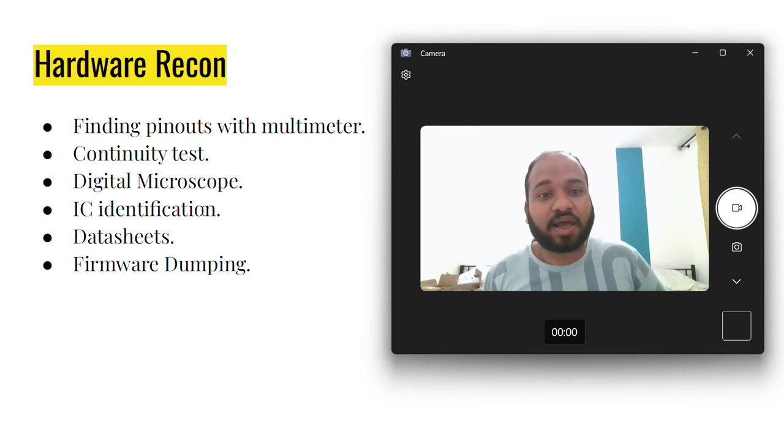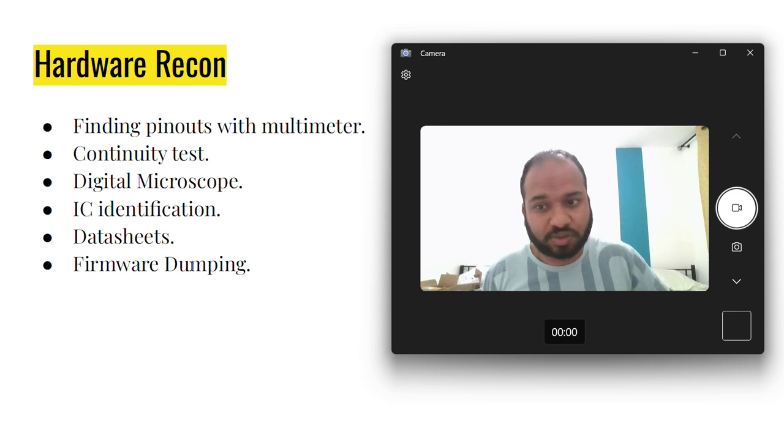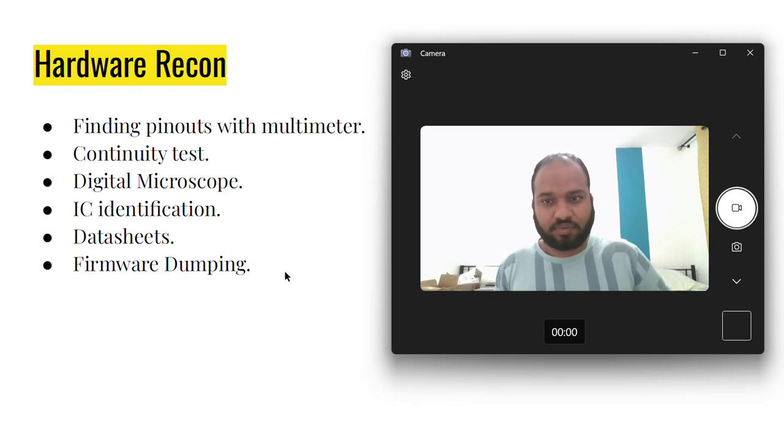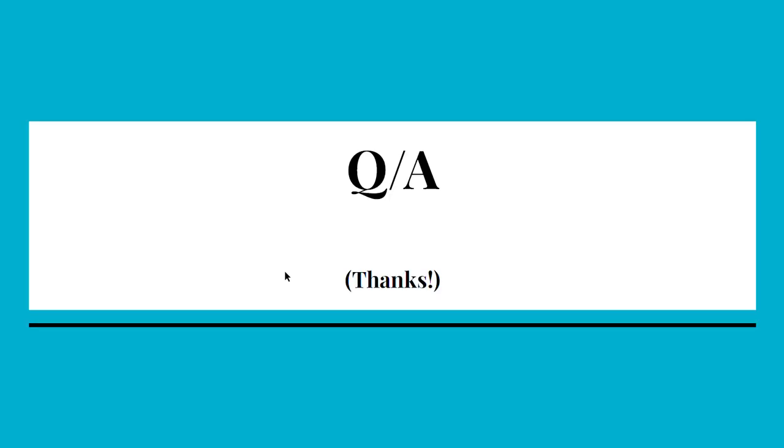You must know how to find the data sheet of a particular chip, and how you are going to read those data sheets. And the most important thing is to dump the firmware out of those devices. Once you dump the firmware, I'll tell you what you can do with it later on.